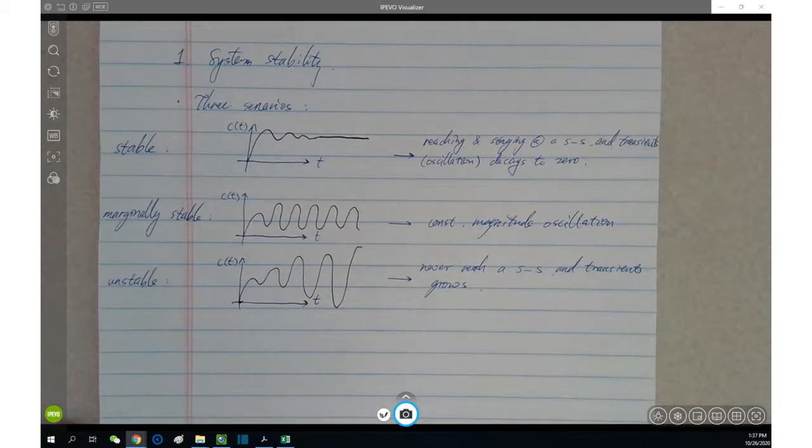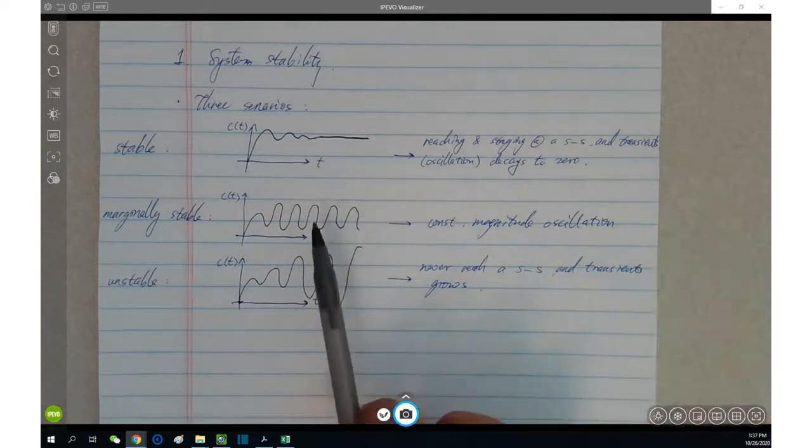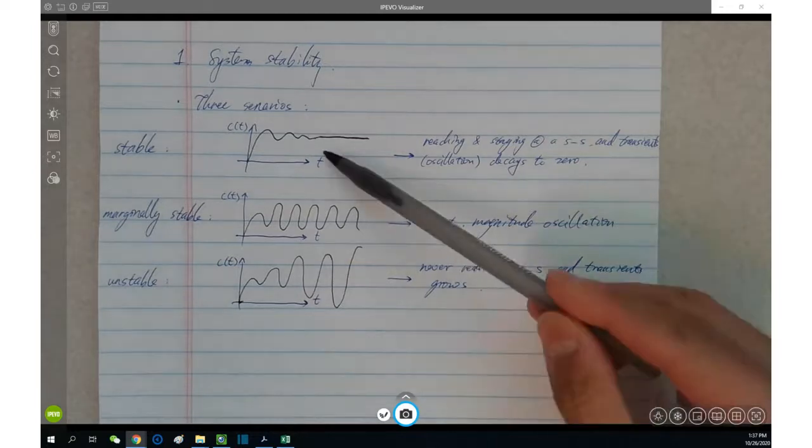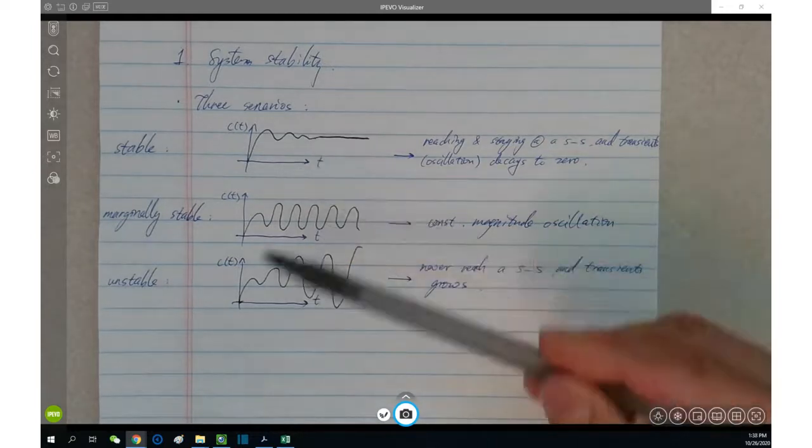But more importantly, how do you link such system output performance to the system transfer function? This is something more important, because most of the time, we are not going to be able to see the output, right? If given the output, you can directly tell.